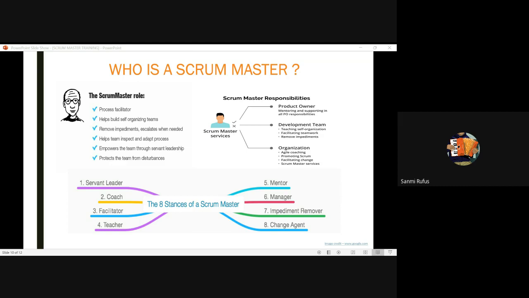I noticed something. What's the difference between a business analyst and a Scrum Master, or how do they share their responsibility? There's a company that I used to work with, and I noticed that all this work the Scrum Master is doing is what a business analyst is doing as a product owner.